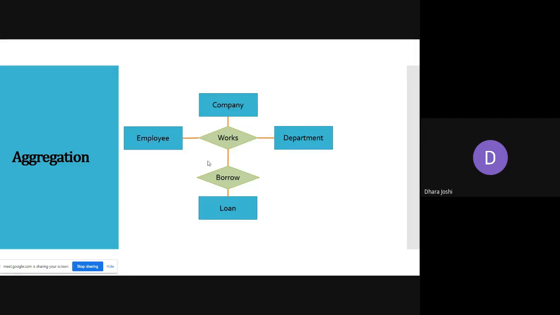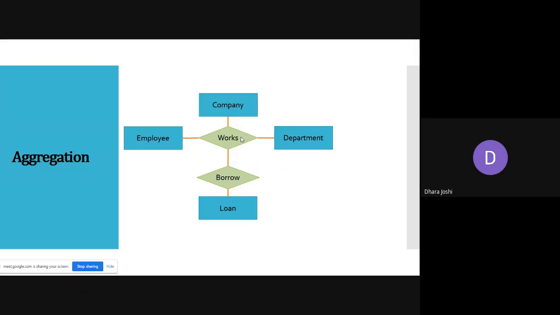Like I am able to borrow a loan, Marwari College can borrow a loan, or a department can borrow a loan. But here, two relationships connected is not possible as per the rules of ER diagram. So this creates a problem. If we have one entity in between, then it is okay, because two entities can be connected with a relationship. But two relationships cannot be connected.